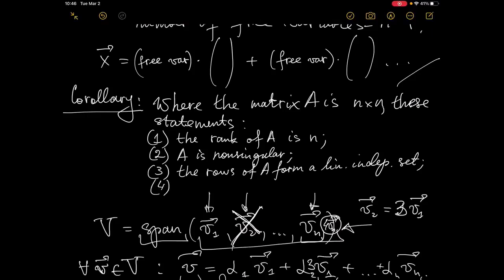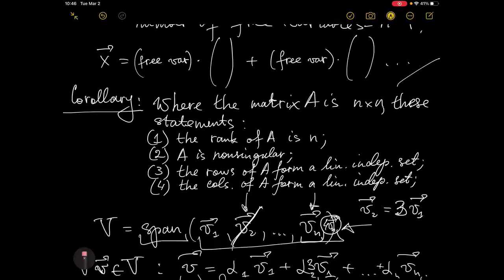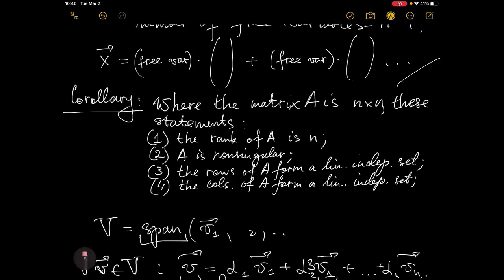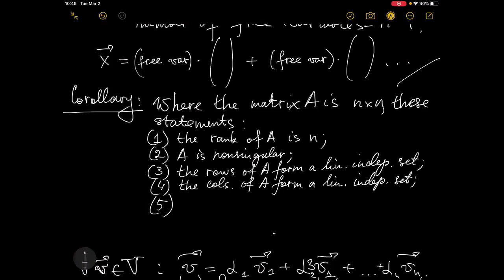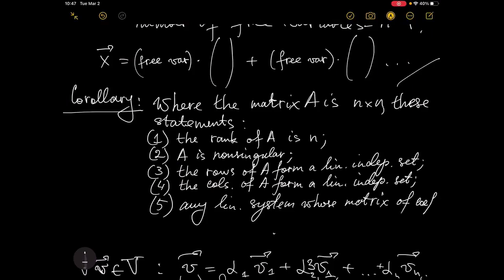Fourth, the columns of A form a linearly independent set. And fifth, any linear system whose matrix of coefficients is A has one and only one solution.